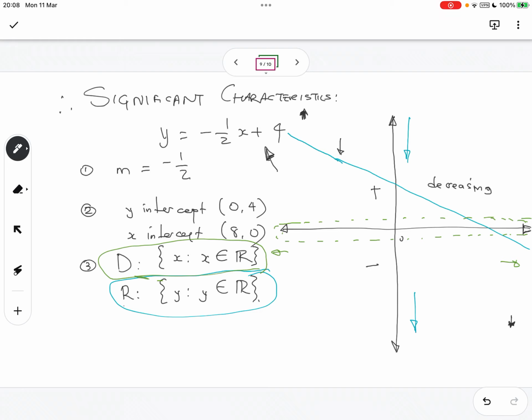And even if we substitute any value for x and get a corresponding y value, the y values are also real numbers.